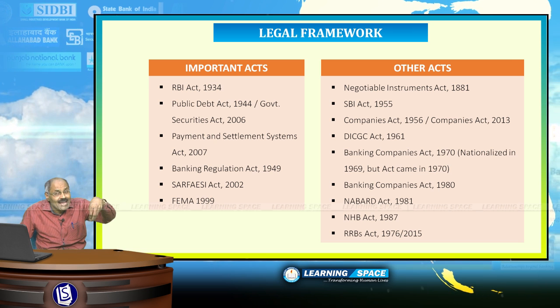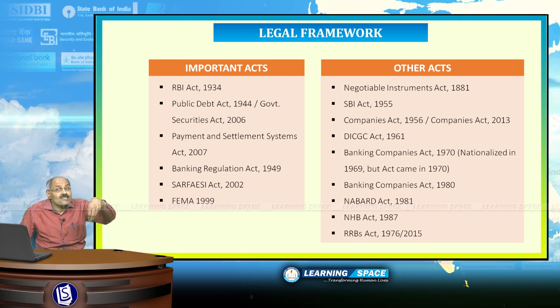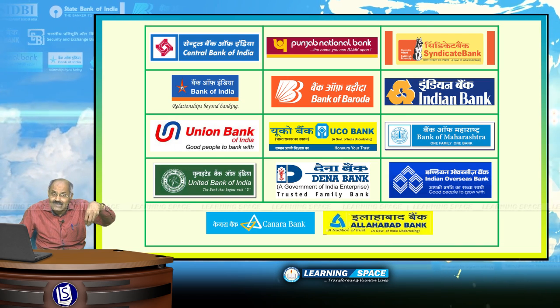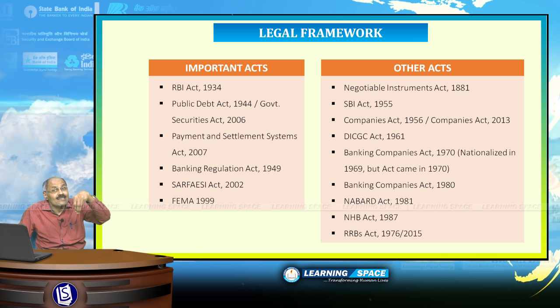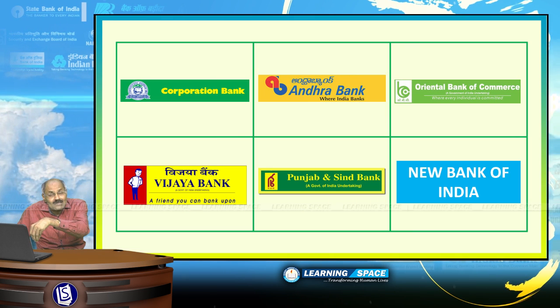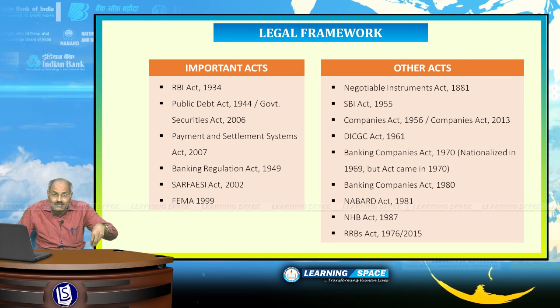Then Banking Companies Act of 1970. This Banking Companies Act of 1970 nationalized 14 banks. Banking Companies Act of 1980, this nationalized 6 banks. Then NABARD Act of 1981.